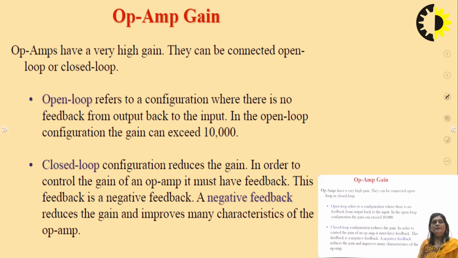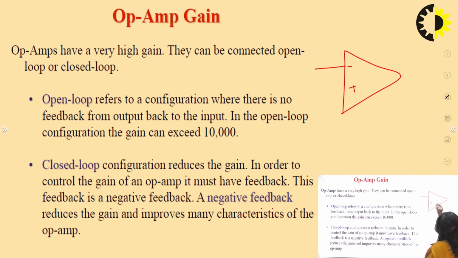After that, op-amp gain. Till now we have seen the open loop configuration of the op-amp. Open loop configuration means that we have not applied any feedback to the op-amp. In the open loop configuration of an ideal op-amp, the voltage gain is infinite. So the limitation of the open loop configuration is that the gain is infinite.